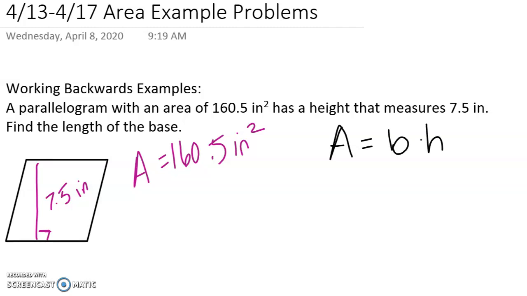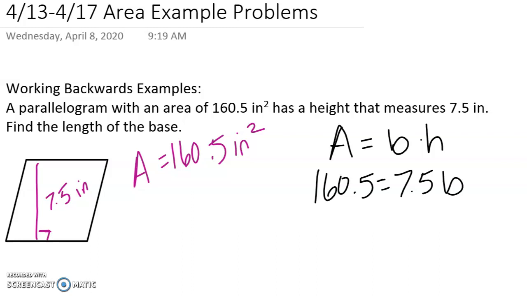Now there are two ways that you can do this. The first one we're going to do is where we substitute our values in first. So I'm going to substitute in my values and I get 160.5 equals 7.5 times the base. You notice that I am not including my units during this part of my calculation.